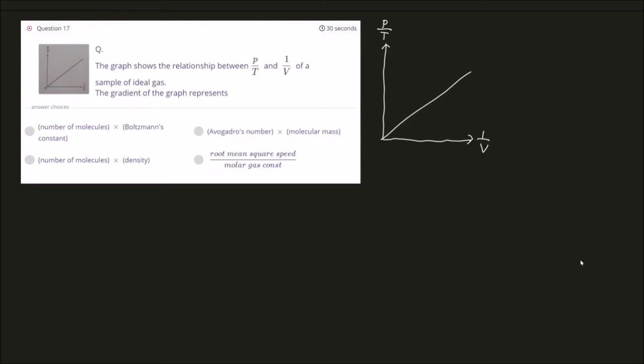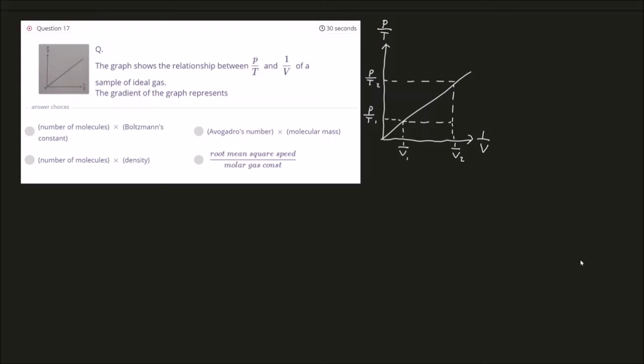So if it's a straight line and you want to find the gradient, what will you do? You'll be taking this P over T2 minus this P over T1, divided by the 1 over V2 minus 1 over V1.